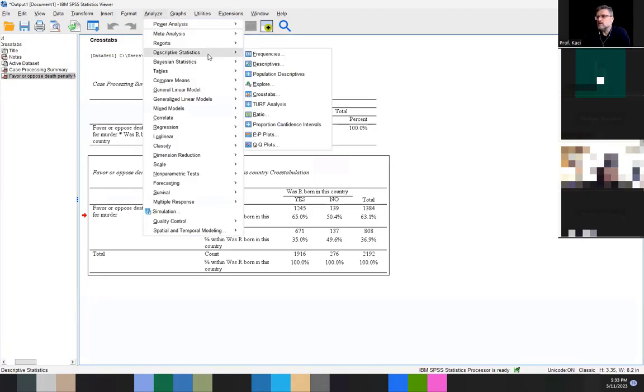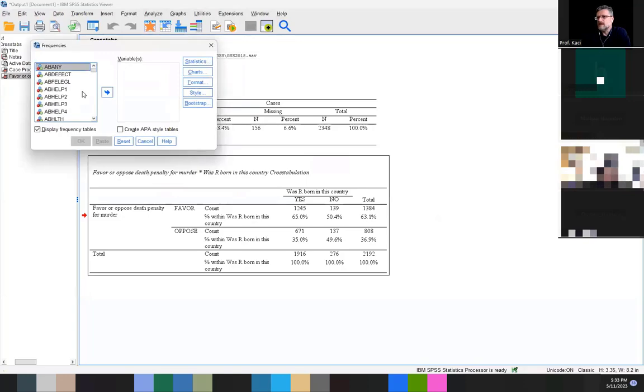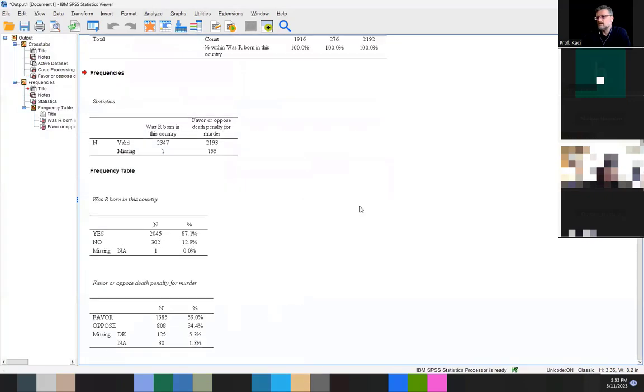So these totals could be obtained in another way. If you remember, if we go to frequencies, we can get those numbers very quickly. Let me create APA style tables here.